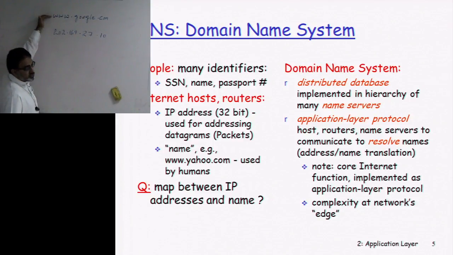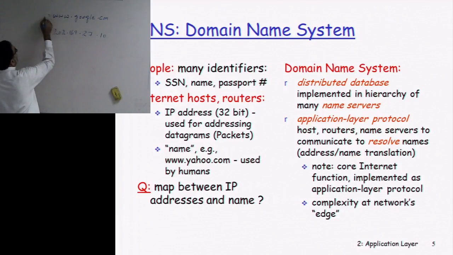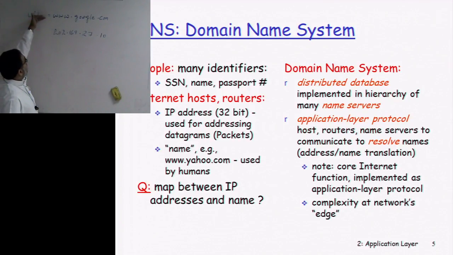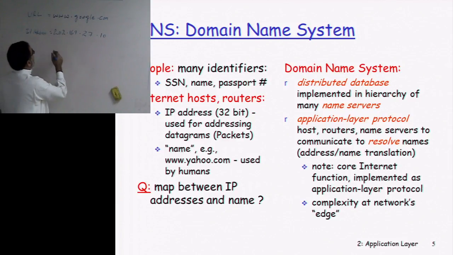DNS, the domain name system, is a service which is used to map between the IP addresses and the names. The mapping between the names and the IP addresses is handled or managed by the DNS server. The domain name system is a distributed database. It's not only on one DNS server. Every company will have their local DNS server.